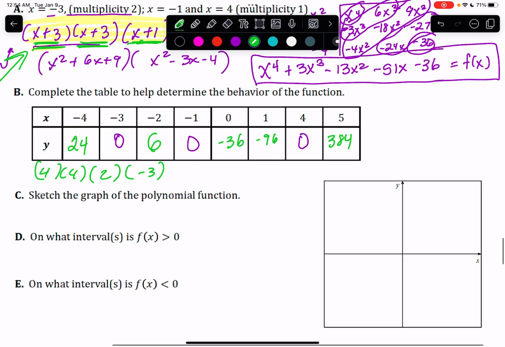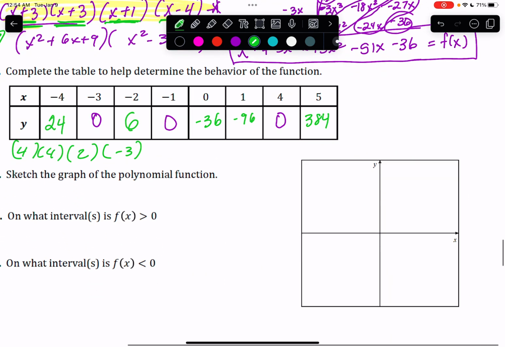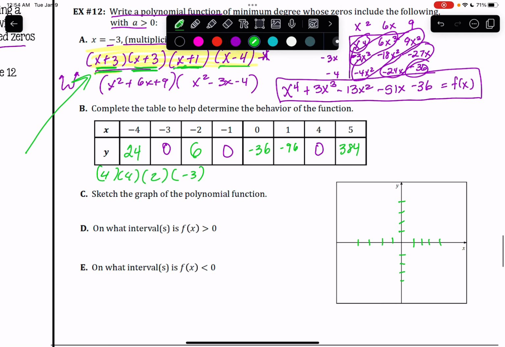So first, we go to 4 and -4, so I'm going to count 1, 2, 3, 4, 1, 2, 3, 4, 1, 2, 3, 4. Okay, so I have zeros at -3, let's use a different color, -1 and 4.